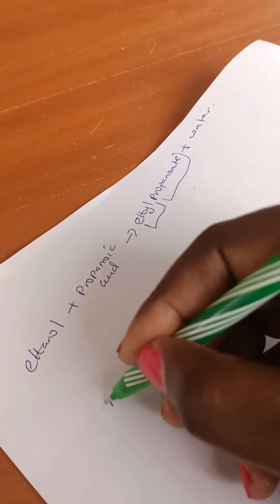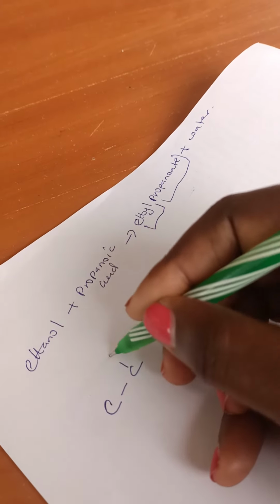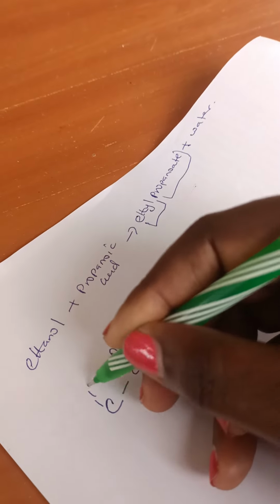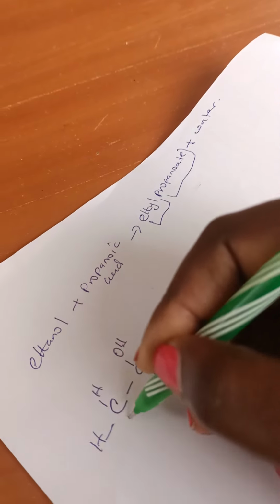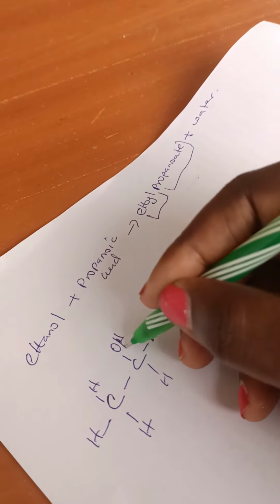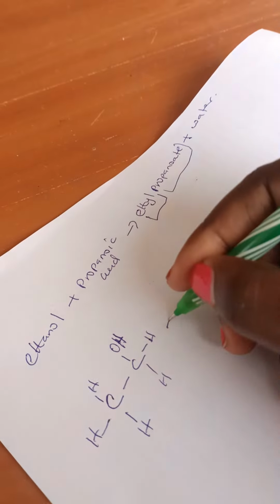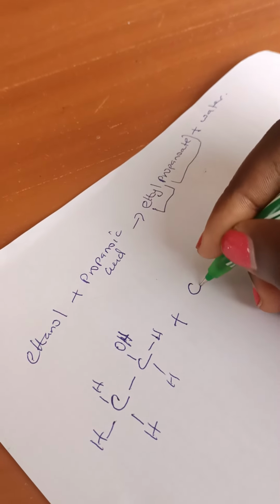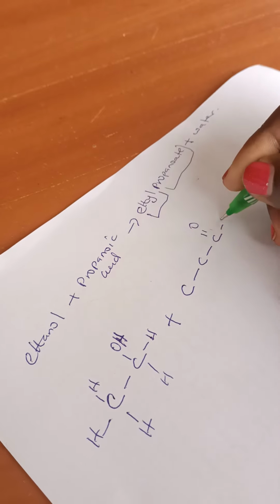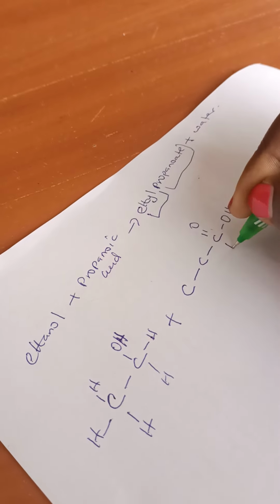So we have ethanol plus propanoic acid, from propanoic, a 3 carbon acid, written that way.